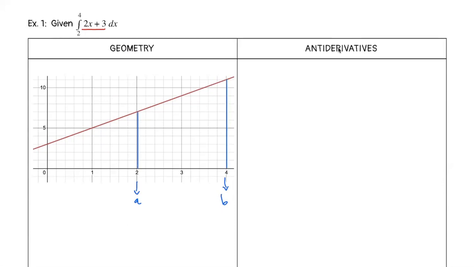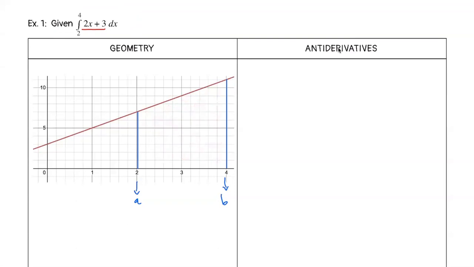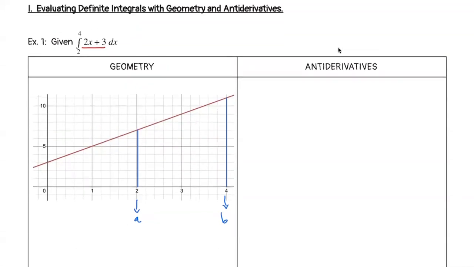I see this symbol, it says integral. What that tells me is I would like to find the area of this shape right here. That's literally what that means. So you see the integral from 2 to 4 of 2x plus 3 dx.